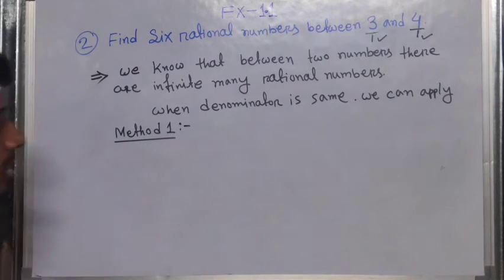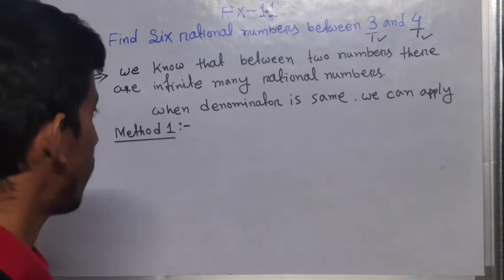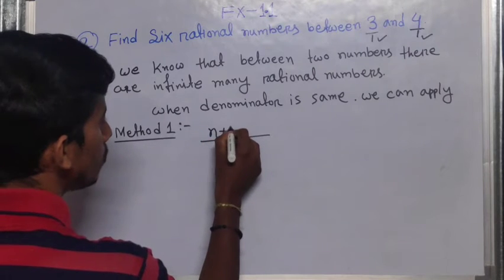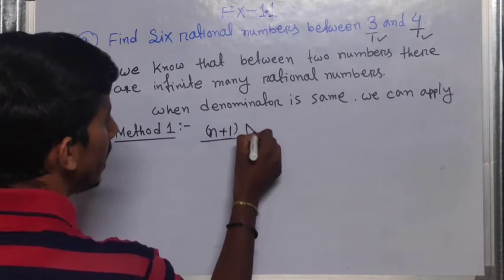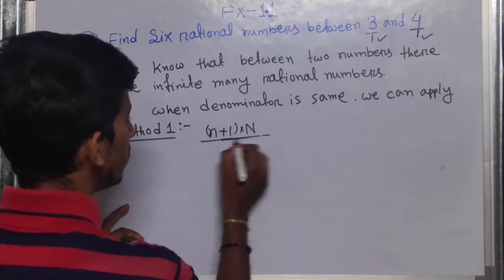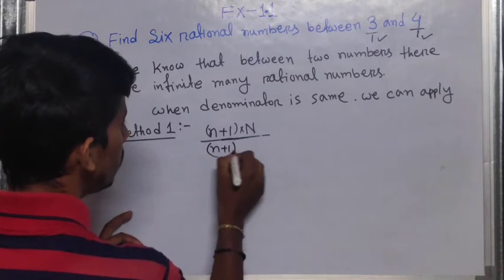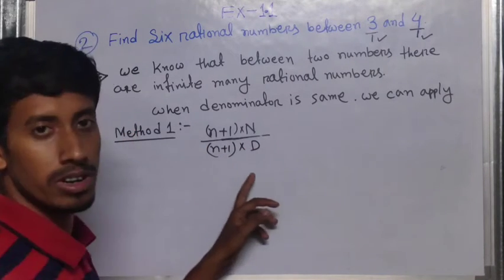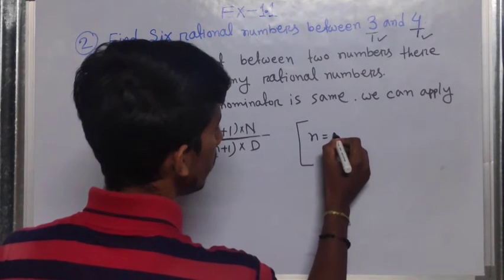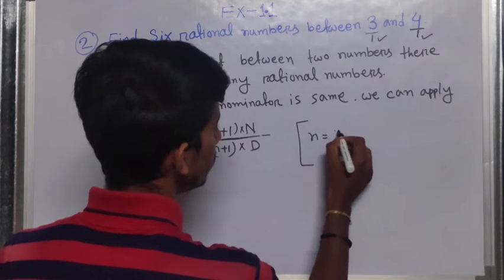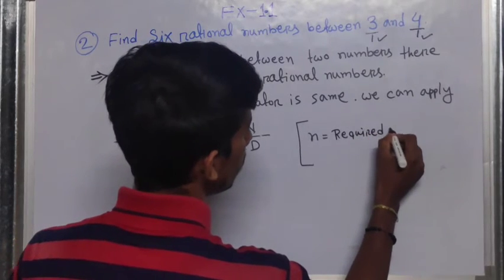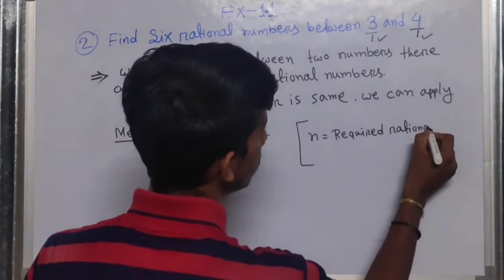This is method number 1, always remember. In method number 1, there is one formula: n plus 1 into n, where n means numerator, and n plus 1 into denominator d, where n is equal to the required rational numbers.